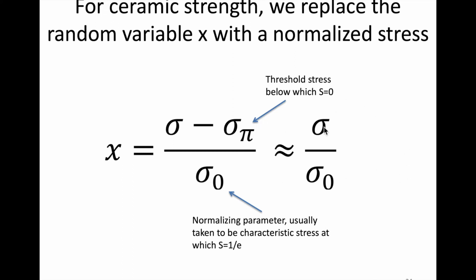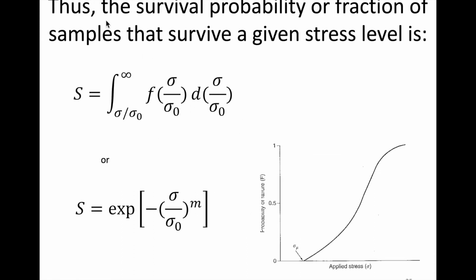For our experiments, we ignore the threshold because we take it as 0. So essentially, we're saying that there's always some stress where that is 0. So we basically cancel this term out, and it becomes stress over the characteristic stress, and that's what we have as x.